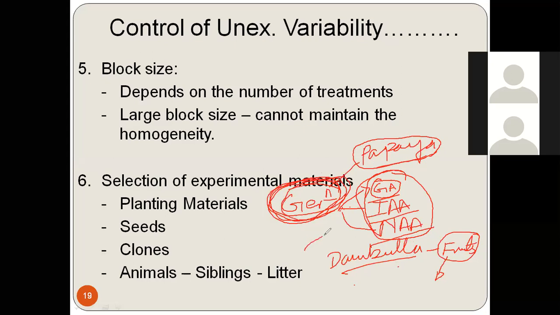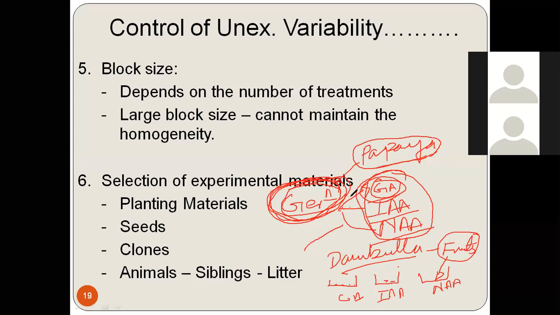Now I'm using those seeds to test the germination percentage using these three treatments. So I'm putting them into three Petri dishes, for example. This one is seeds with gibberellic acid, the other is seeds with indole acetic acid, and the other is seeds with naphthalenic acetic acid.